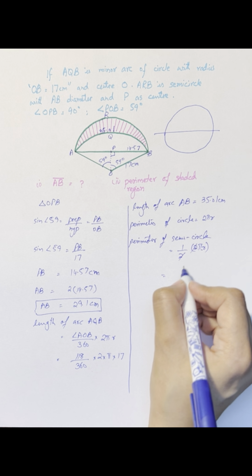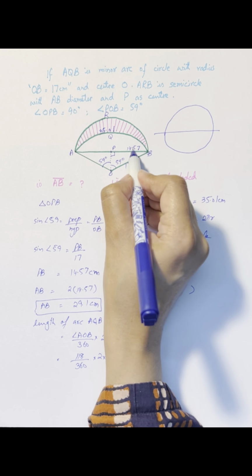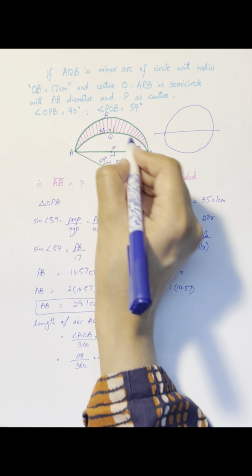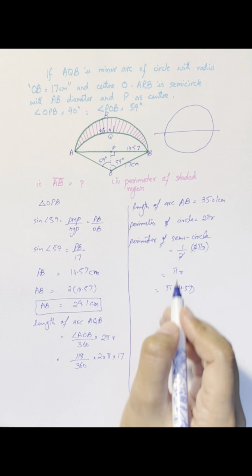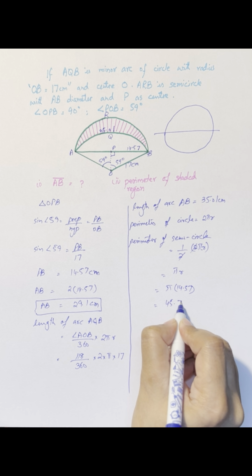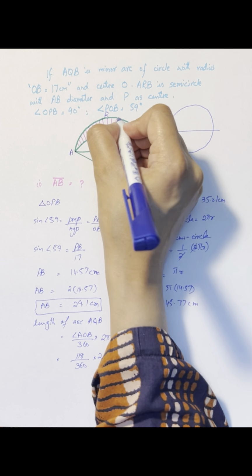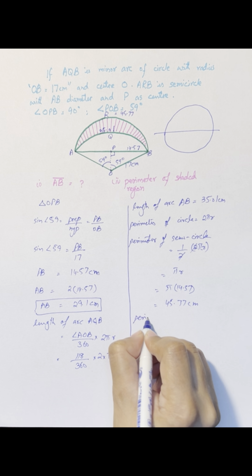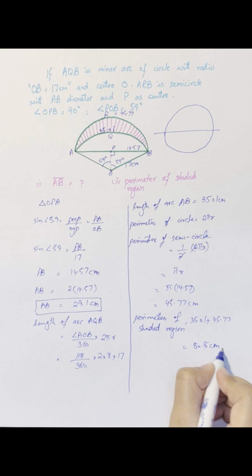Cancelling 2 by 2, we have pi r. Putting the values here, pi and r. What is the value of r? It is 14.57 in the case of ARB. This is basically the radius of ARB, which is given. Calculating it, we have 45.77 centimeters. This is the length of ARB, 45.77. So adding these two, we have the perimeter of the shaded region, 80.8 centimeters.